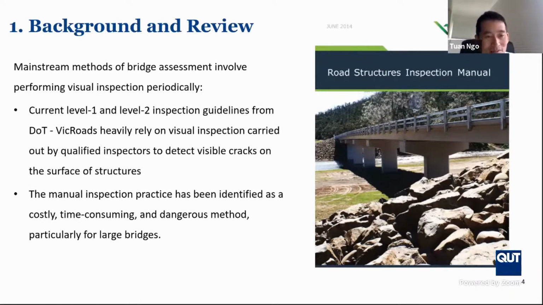Manual inspection practice always depends on people's expertise and experience, and it's very costly and time consuming. In many bridges, the condition can sometimes be dangerous to have access to. So we really need to think about how the whole process can be done in more automated ways.